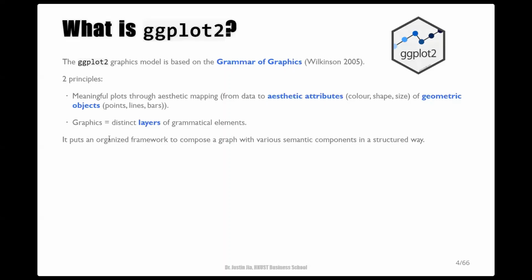ggplot2 further adapts the grammar of graphics to have a layered structure, so as to render different graphical components in a structured way. Generally speaking, ggplot2 has a slightly steeper learning curve than the base graphics system.